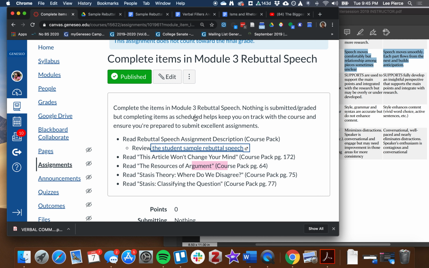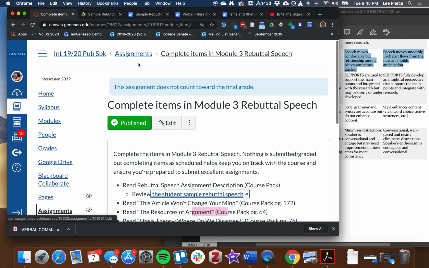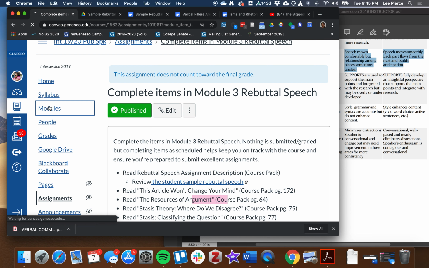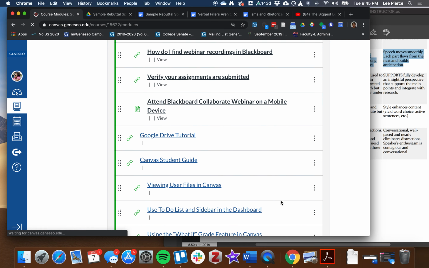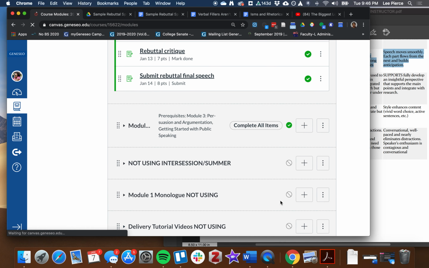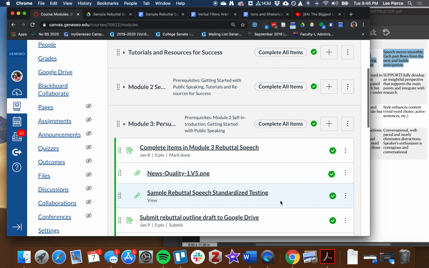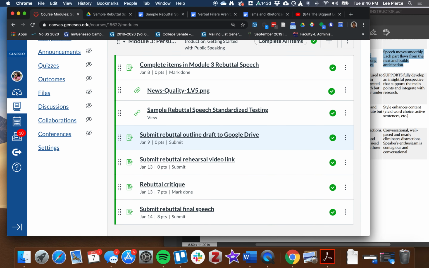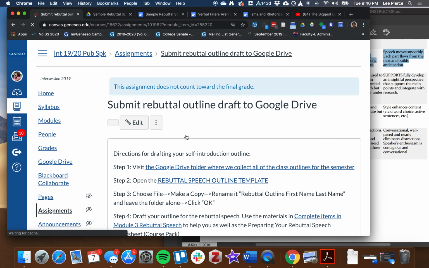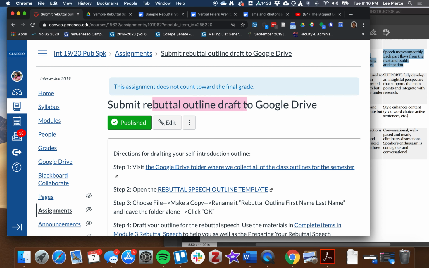You will find after you finish this module, when you go into module 3, the assignment to submit a rebuttal outline draft. Just like last time, you're given the opportunity to submit a rebuttal outline draft just for feedback, right?